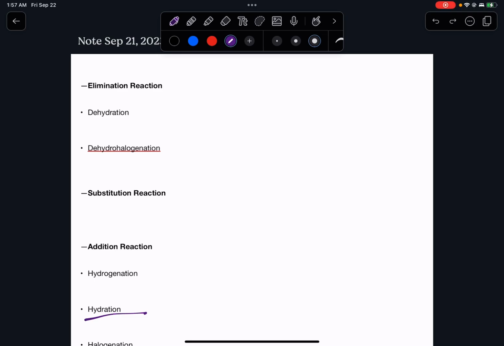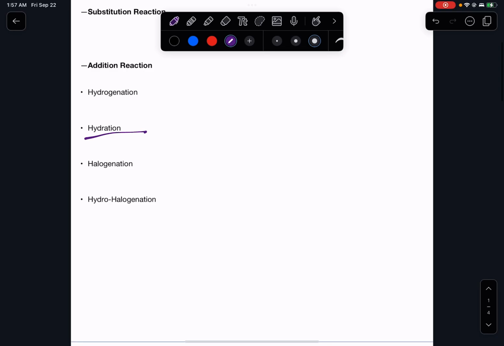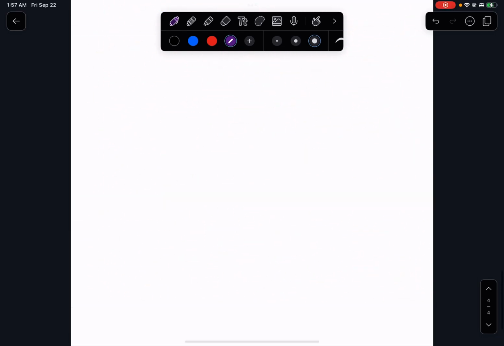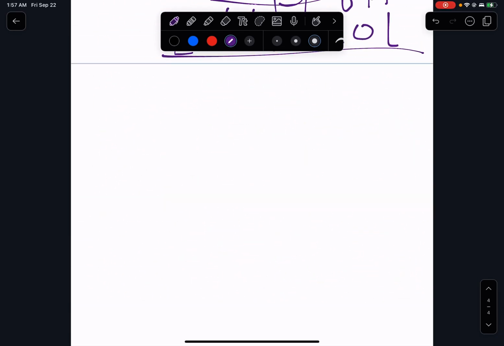Under elimination, there are two different types: dehydration and dehydrohalogenation. First of all, we can start with dehydration. It could be an example like this.